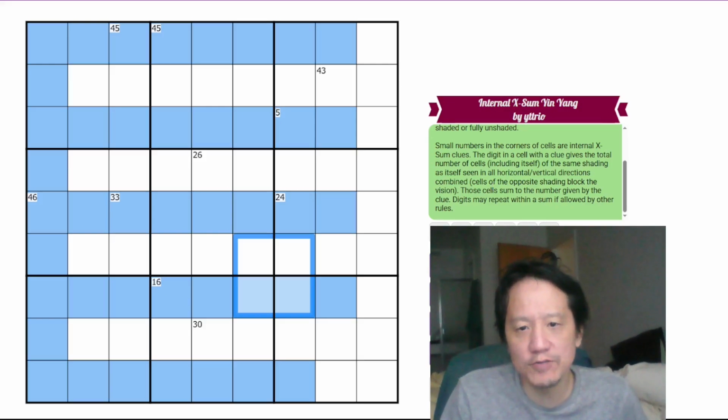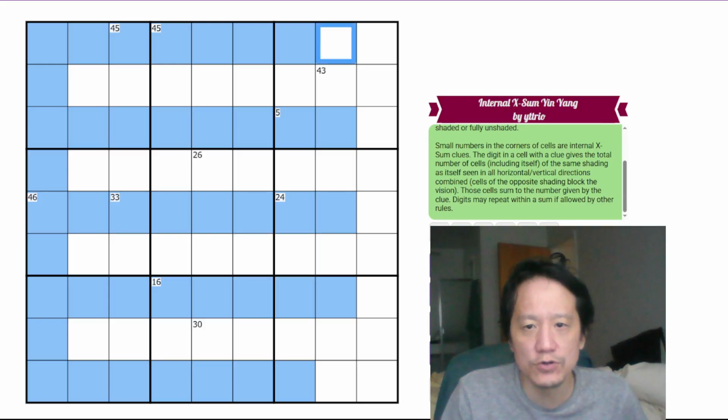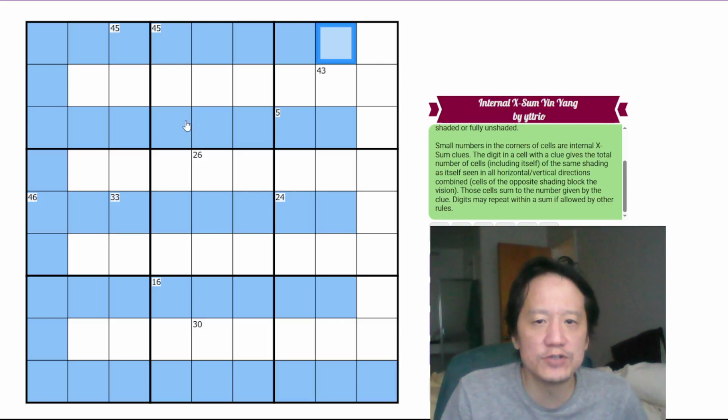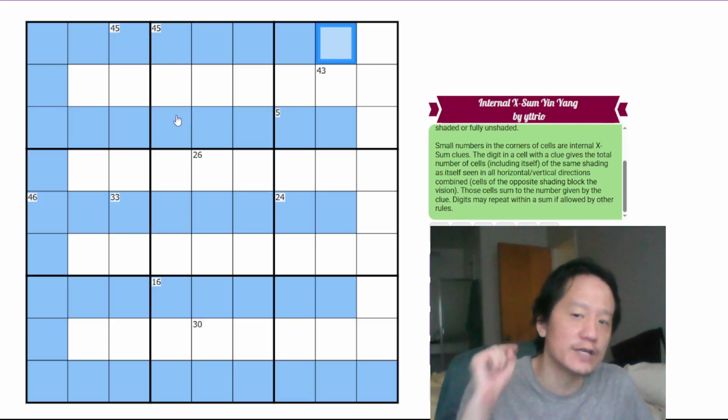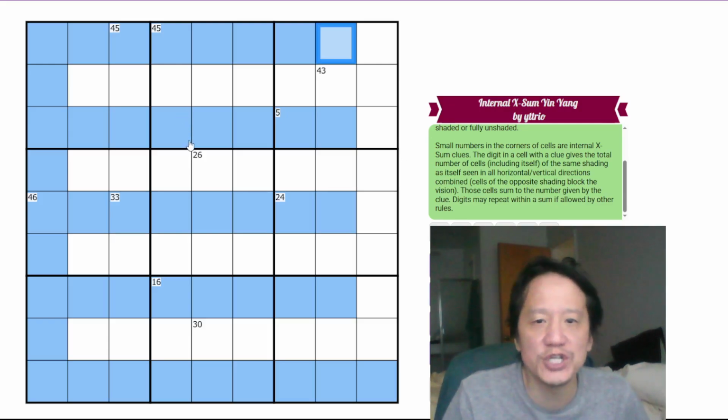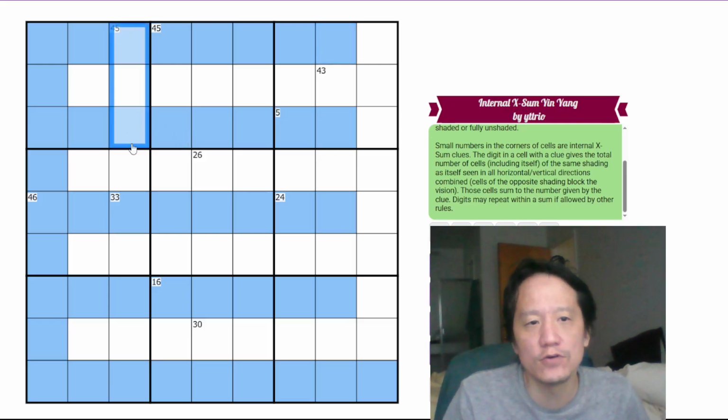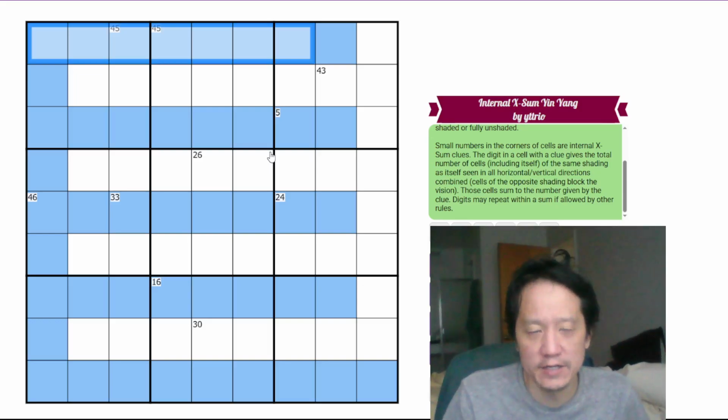We also have small numbers in the corners of cells, which are internal X-sum clues. The digit in a cell with a clue gives the total number of cells, including itself, of the same shading as itself seen in all horizontal and vertical directions combined.